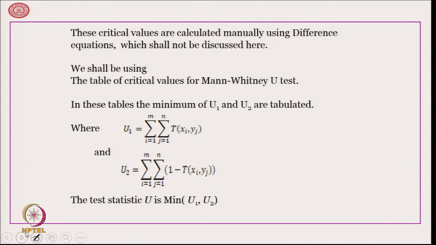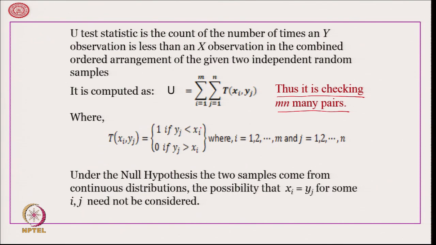These critical values are calculated manually using difference equations, which we are not going to discuss here, but let me tell you a practical way of using this. The table of critical values is available, which is called the Mann-Whitney test, but for practicality we actually compute two different statistics, let them be u 1 and u 2, where u 1 is the one that we have already discussed, the sum of T(xi, yj), where T(xi, yj) is equal to 1 if yj is less than xi.